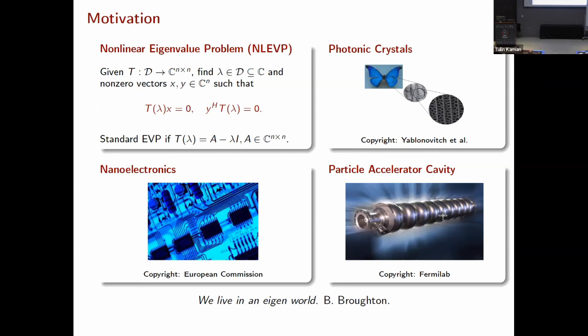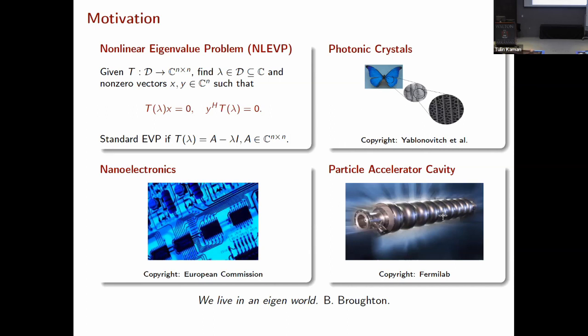So we have the matrix valued function, which maps from a certain domain D, which is usually a subset of the complex plane, and we are searching for non-zero vectors x and y such that the following condition holds. This is the general form of the nonlinear eigenvalue problem. If your T of lambda has the form A minus lambda times the identity, then this problem boils down to the classical linear eigenvalue problem.